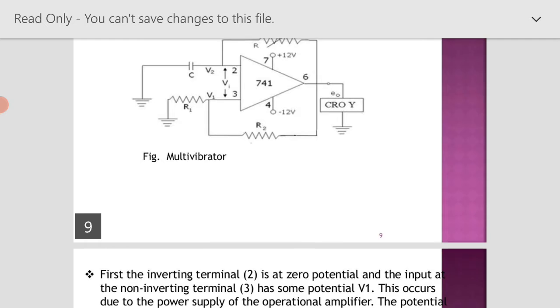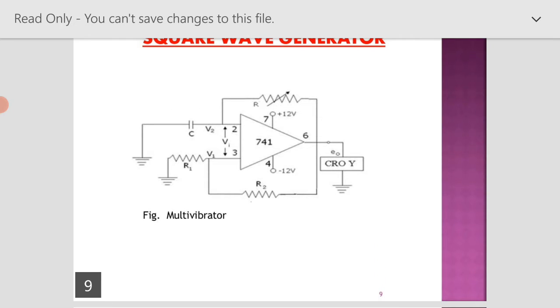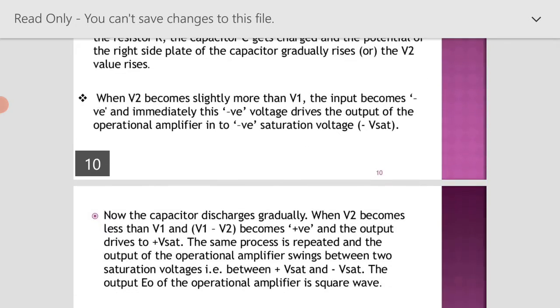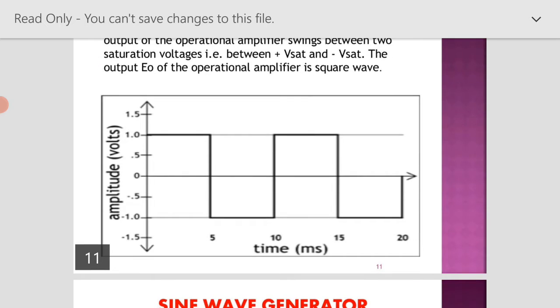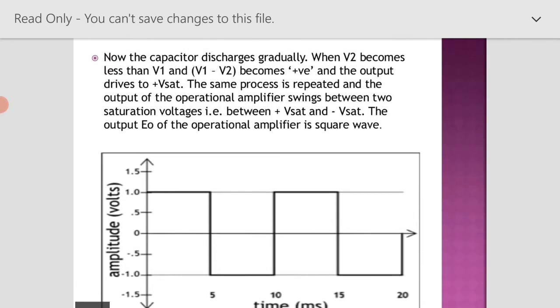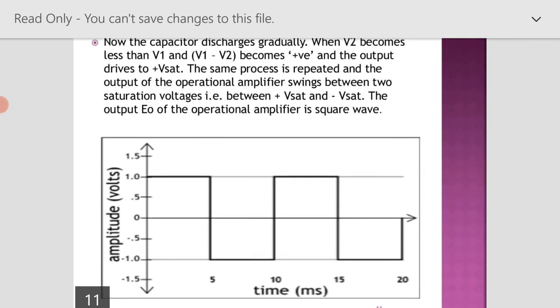This whole concept we see in this multivibrator. The output of the square wave generator is a square wave as shown in the slide.